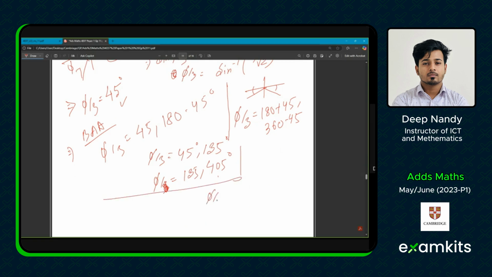So here 5 by 3 equals to 180 plus 45, which is 225, and 360 minus 45, which is 315.